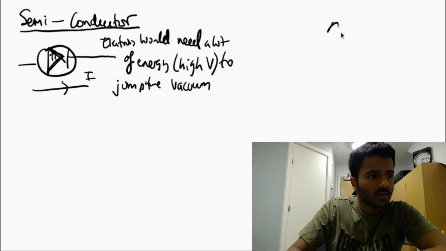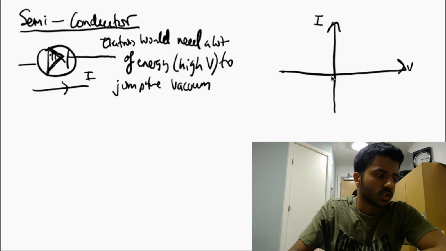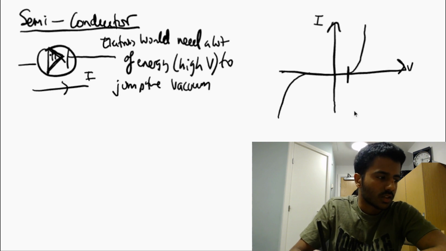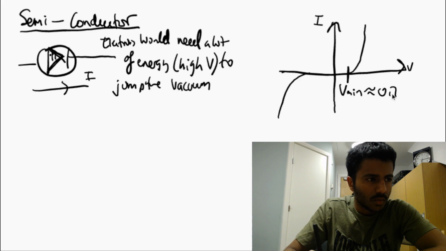If you were to look at a diode graph in terms of voltage against current, or current against voltage, you'll see it will look something like this. This here is the threshold voltage, or the breaking voltage. Let's call it Vmin. And for a silicon diode, it's roughly equal to 0.7 volts.